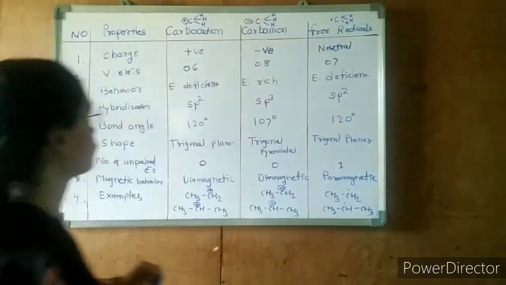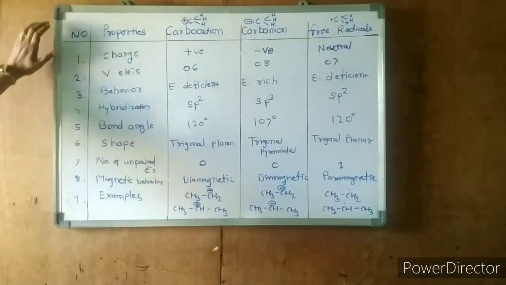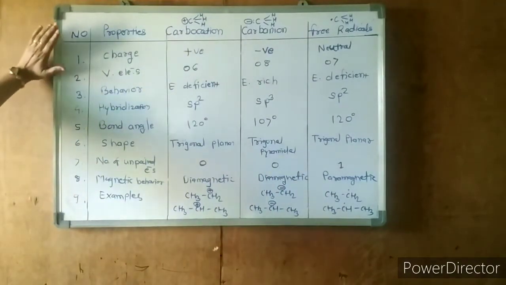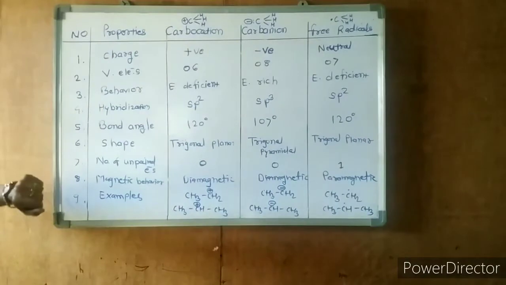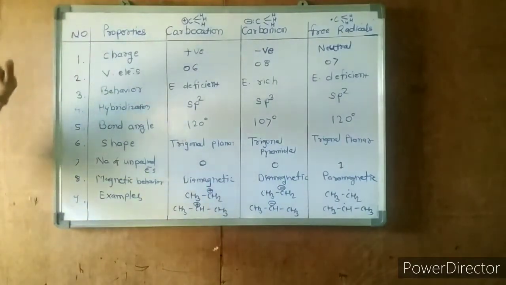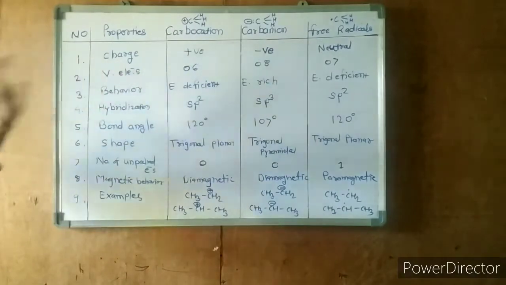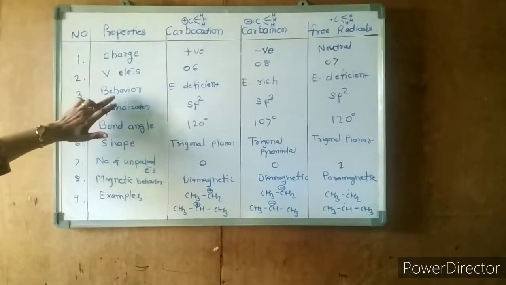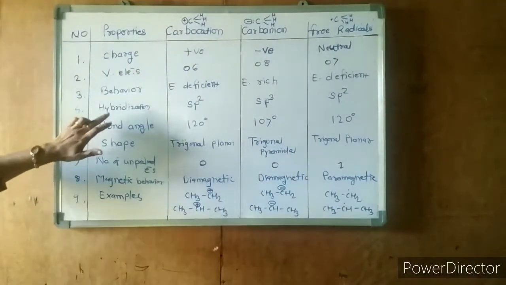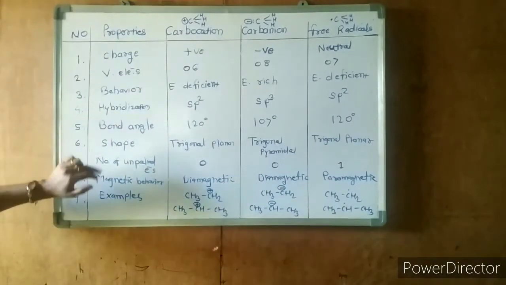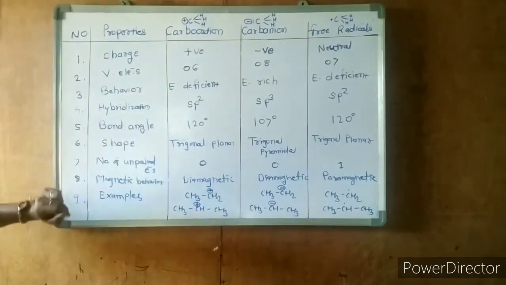Okay, so see here. These are the properties of all these reaction intermediates. First property is charge. Second property is valence electrons. Third property is behavior. Fourth, hybridization. Fifth, bond angle.